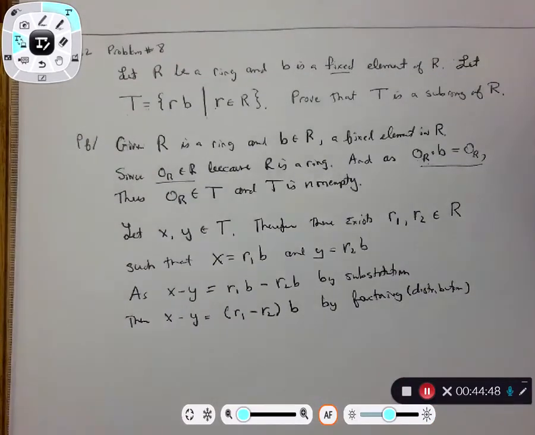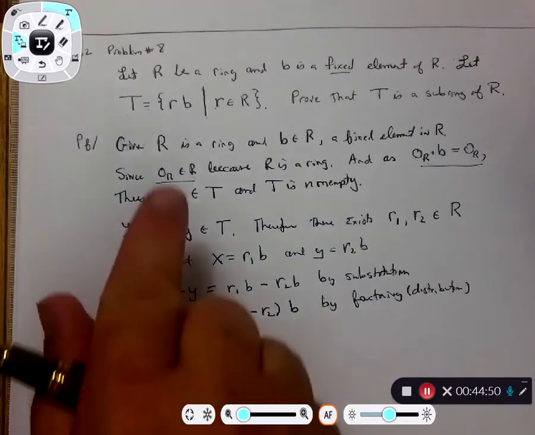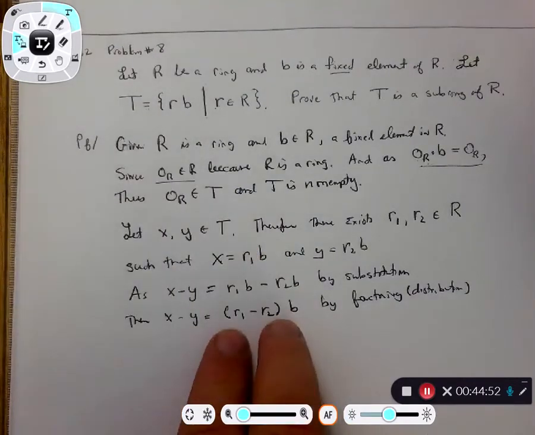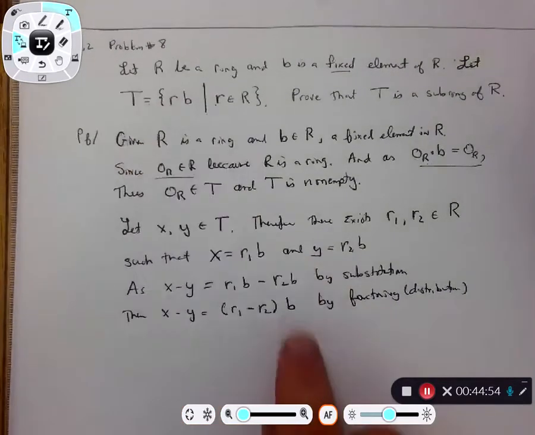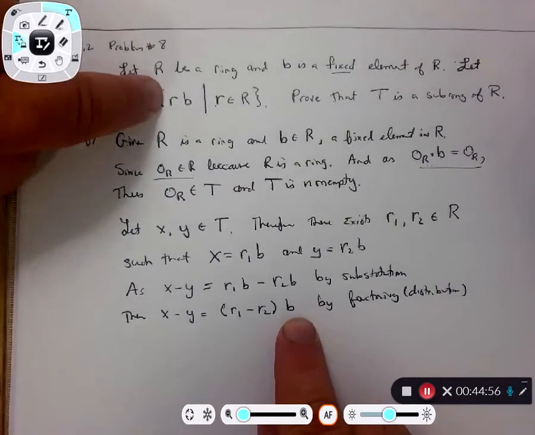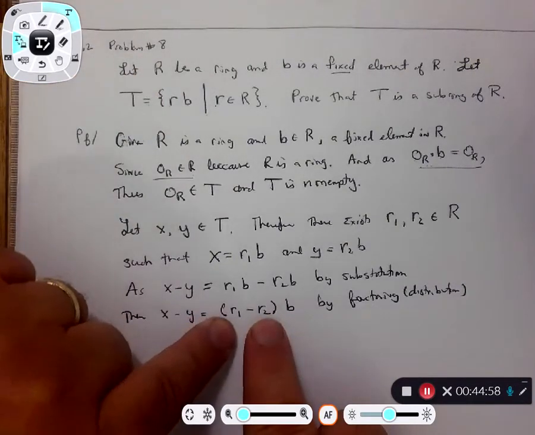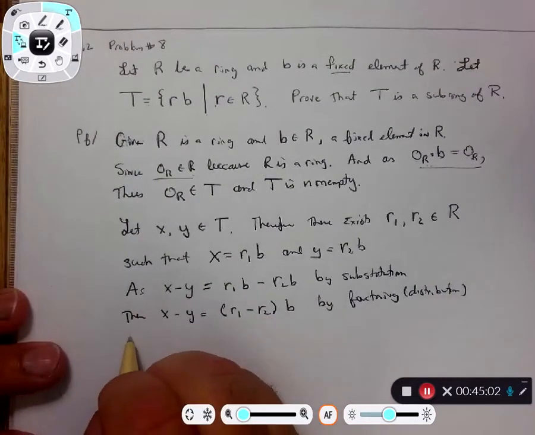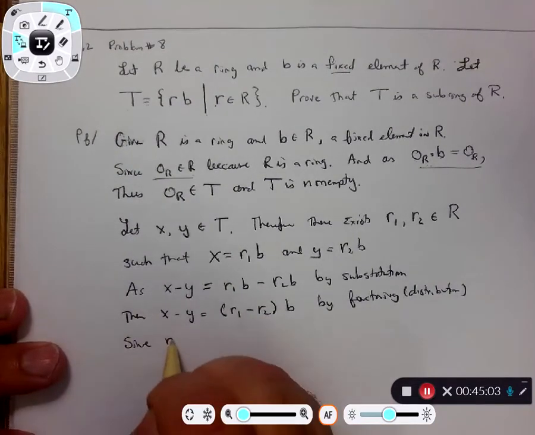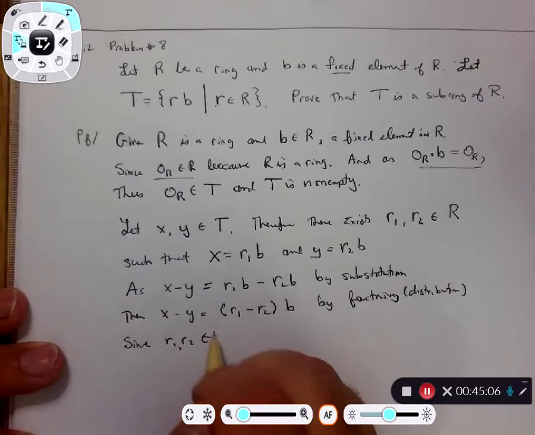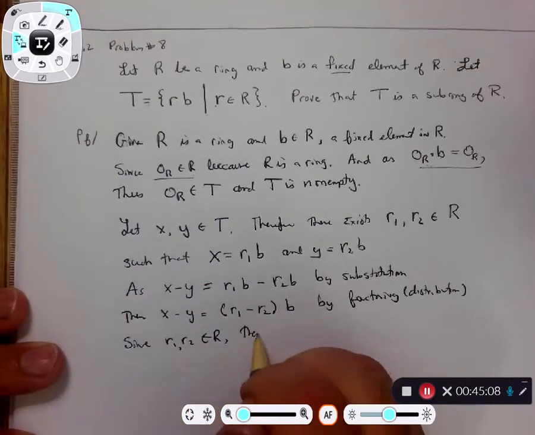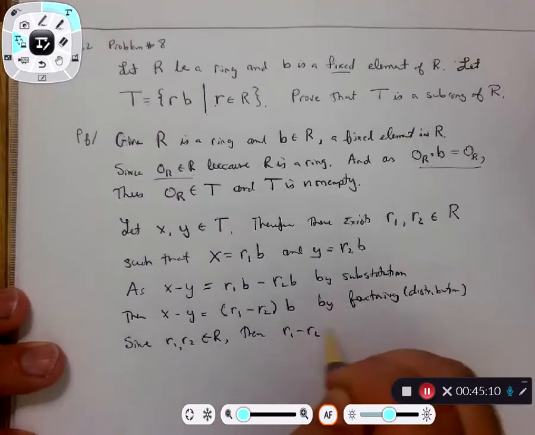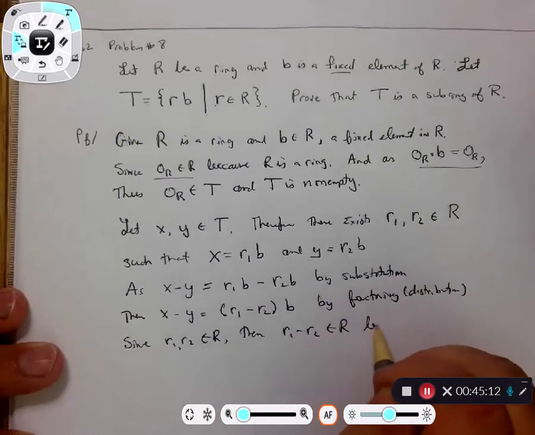Okay. Now, we're going after this structure here. I've almost got it. I've got somebody times B in the back. That's what it looks like. But I need to also talk about why the guy in the front must come from R. Well, since R1 and R2 are elements of R, then R1 minus R2 is an element of R. Why?